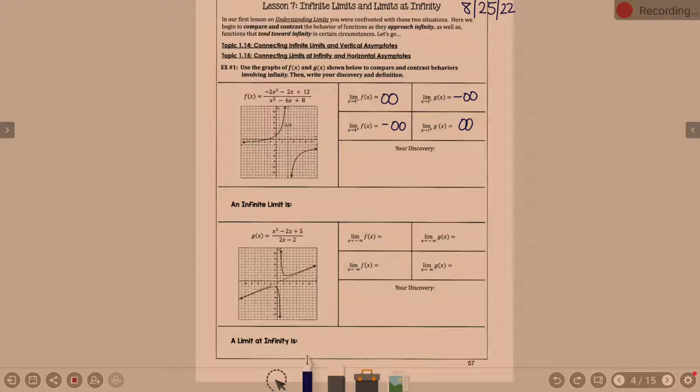What's the graph characteristic that's happening here? Well, my limits are going to infinity and negative infinity, but what do we physically see on the graph? In both cases, what we just talked about there, it was a vertical asymptote, right? So what's happening when we have vertical asymptotes?